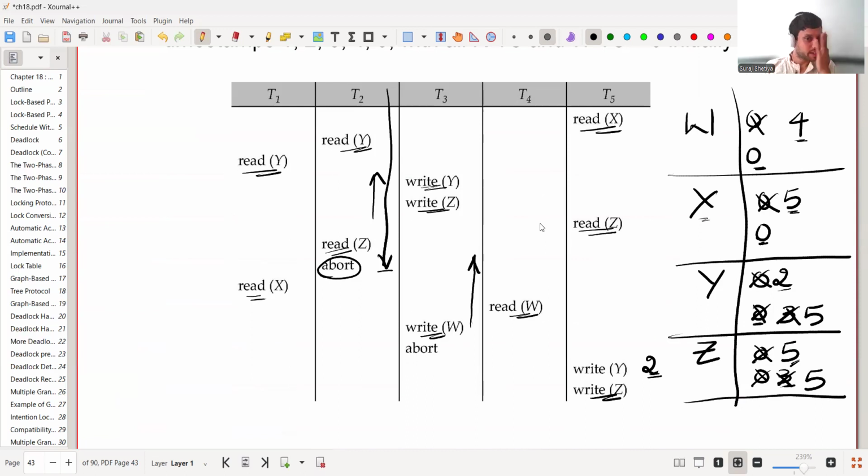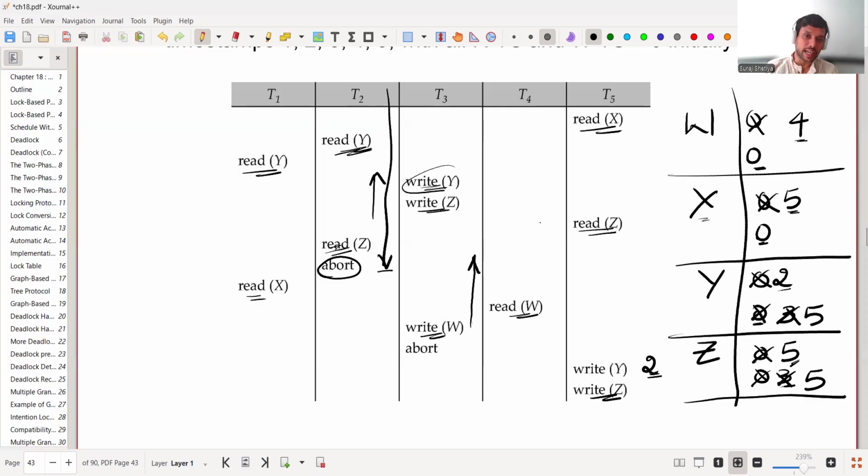What are the things that we are in fact undoing here? We are in fact undoing both T2 and T3, right? And let's look at what all these guys have done when they got aborted. This guy just did reads, so we are fine. But what has T3 done?